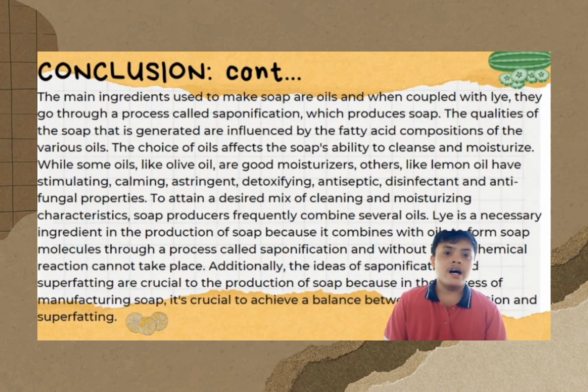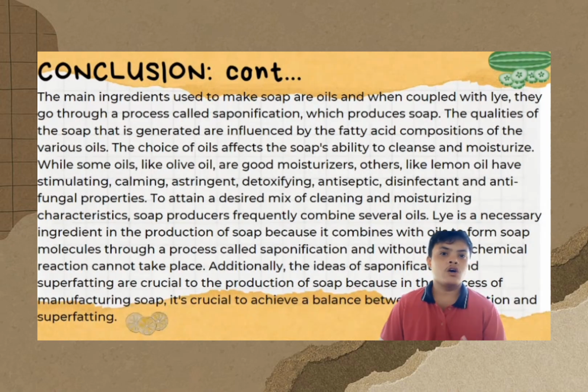So oils are needed for the production of soap, because oils, depending on the different fatty acids they possess, can affect the soap's characteristics or criteria, like how it cleans and how it moisturizes when used.